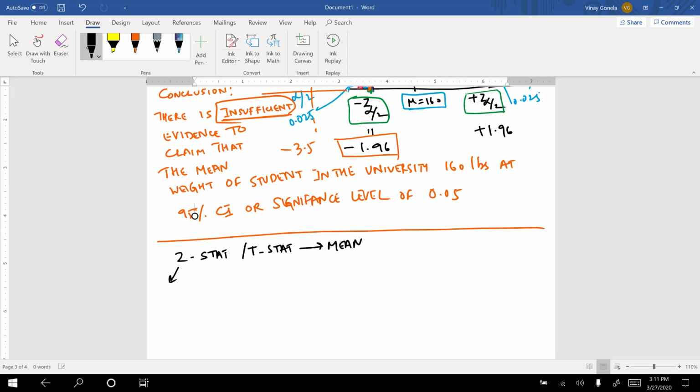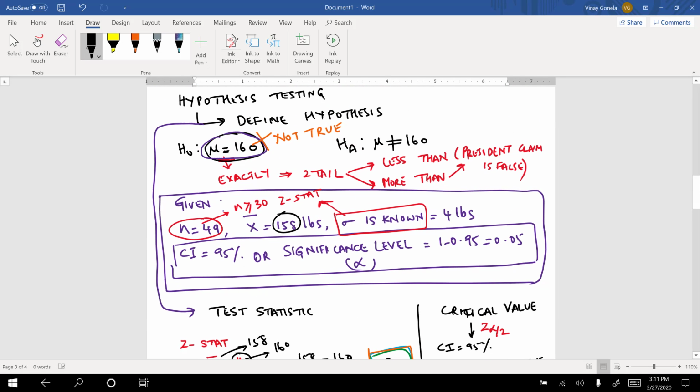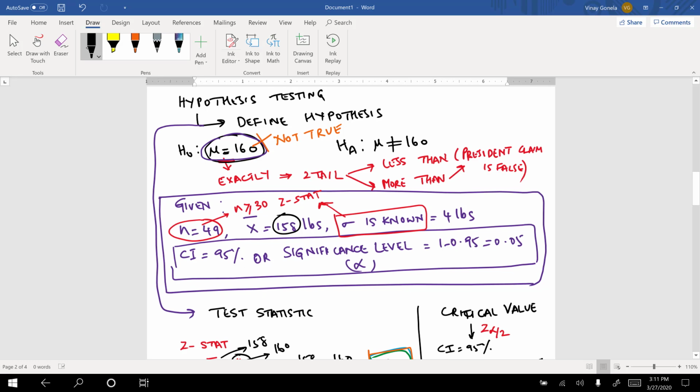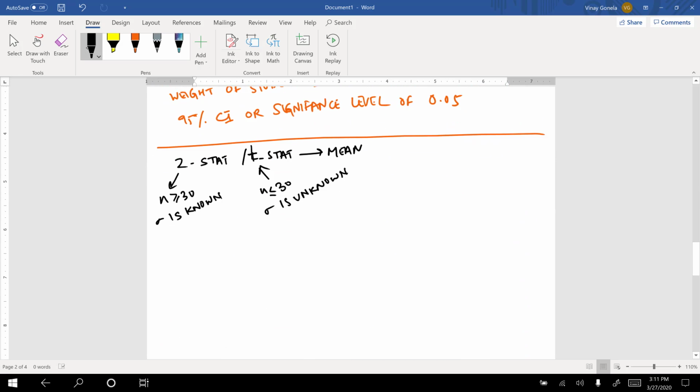So z stat, you use n greater than or equal to 30 and sigma is known, which is population variance, standard deviation or variance, and then you have t stat, which is n less than or equal to 30 and sigma is unknown. So currently our problem, if you see the problem which we solved, has n of 49.